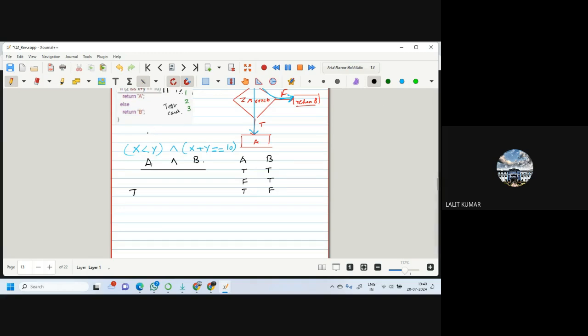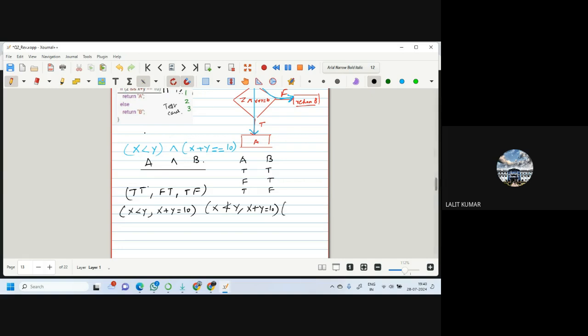So I get here 3 test cases: TT, FT, and TF. Now what is the meaning of TT? TT is that x is less than y and x plus y is equal to 10. Second, FT, is x is not less than y, x plus y is equal to 10.